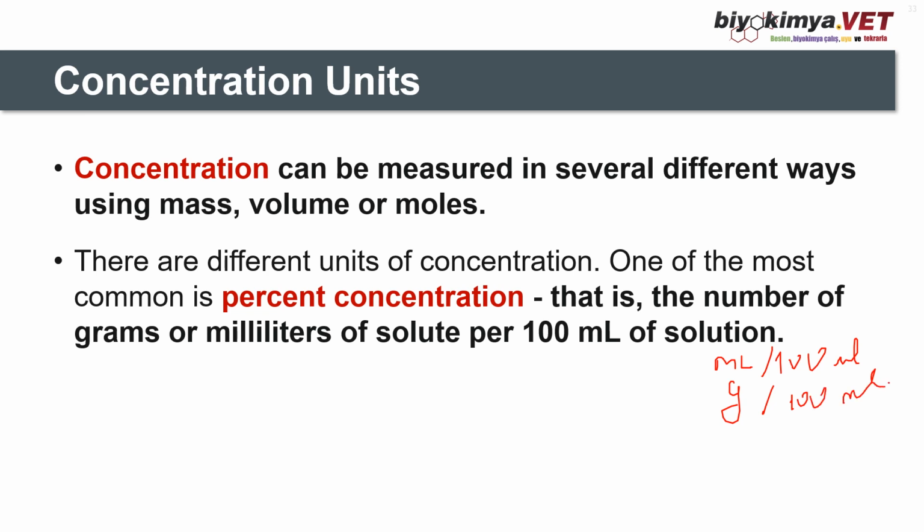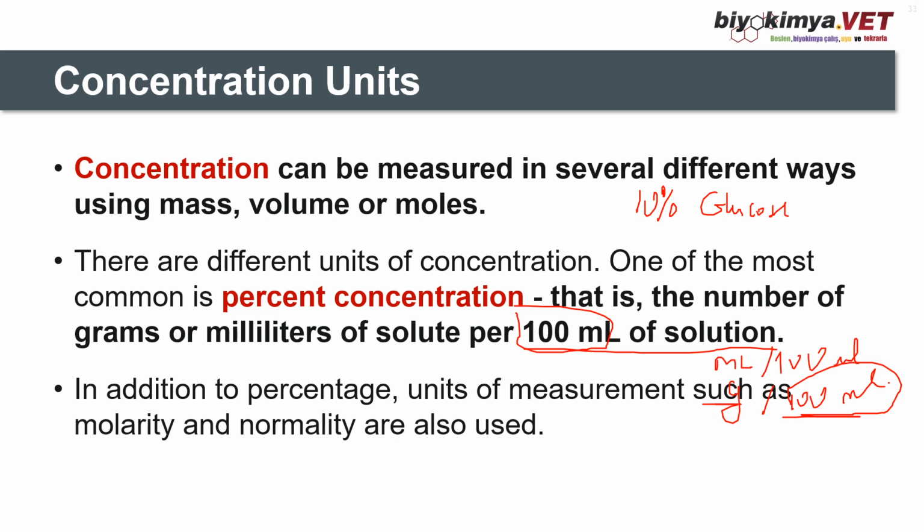Such as, if you want to prepare a 10% glucose solution, this means we will weigh 10 grams of glucose, put it in water, and then fill up to 100 milliliters, and we will obtain a 10% glucose solution. And be very careful here: the volume given is the solution volume, not the volume of solvent. So this is the total volume of solution. Be careful.